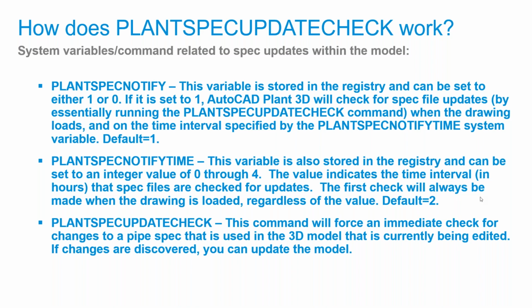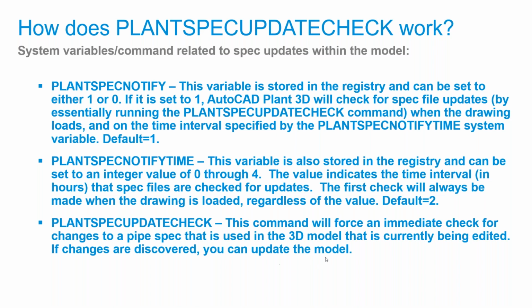Plant update check. This is the same as double clicking on this symbol on the right bottom icon bar. This command will force an immediate check for changes to a pipe spec that's used in the Plant 3D model that's currently being edited, the drawing that is open.